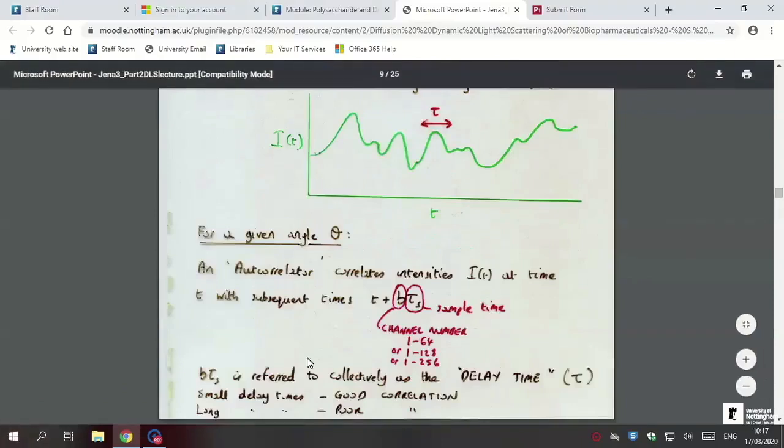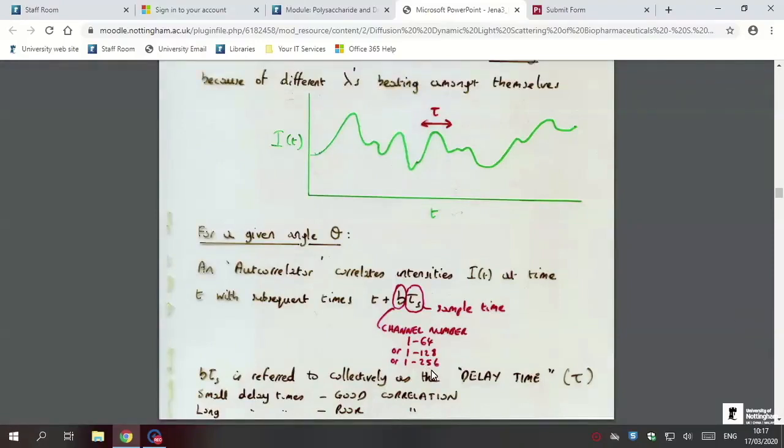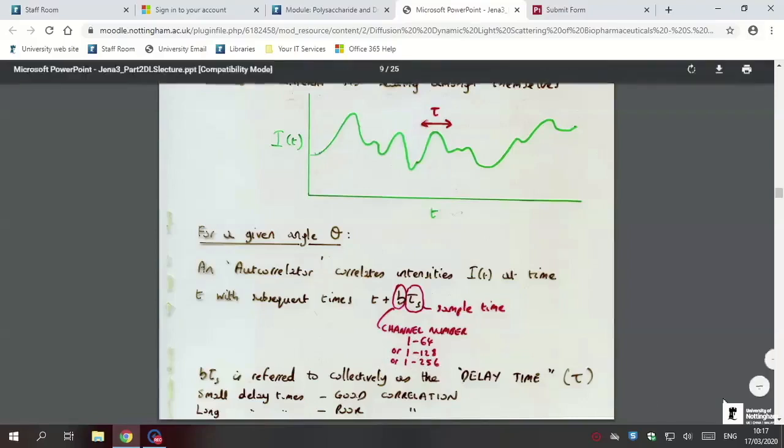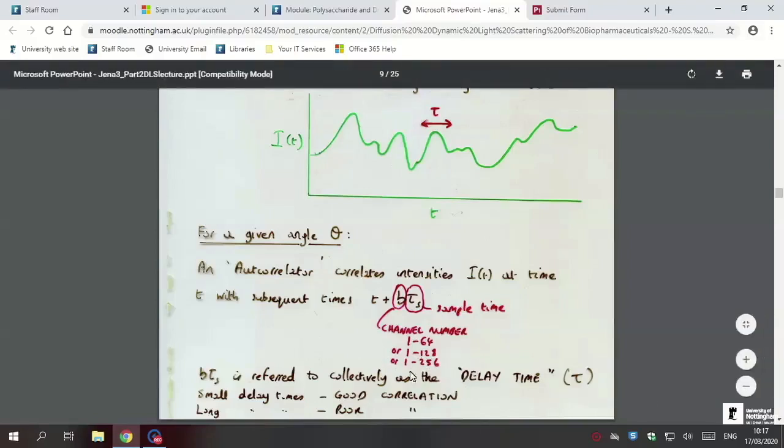And you compare 64, 128 or 256 time intervals depending on how expensive your dynamic light scattering instrument is. 64 cheap, 128 moderate, 256 expensive. So we've got the 128. This is no, because you don't need to compare 256.